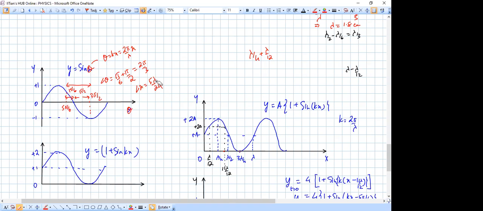So this delta x is not this much. It is lambda by 3. Okay. As you can see here also. Lambda by 3. So lambda by 3 is equal to 0.6. My mistake. Okay. So you have to redo the calculation a little bit.